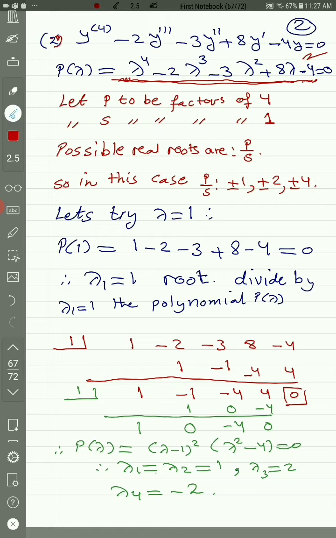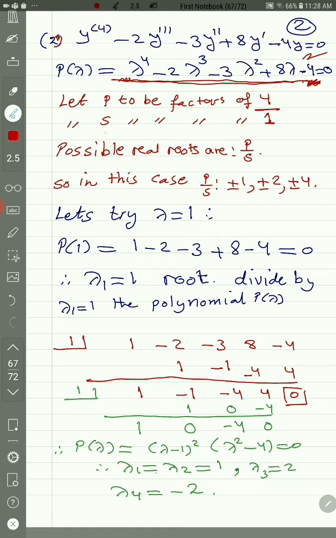Now, to find the roots, we must be a little careful here, because sometimes you can factorize, and then it will be finished. So here, what I will do, I take the factors of the 4, which is the constant, there's no lambda in it, and I call it P, the factors of 4, or divisors, the same.